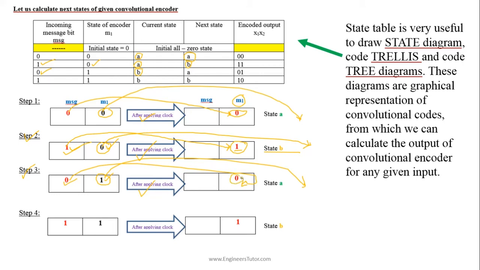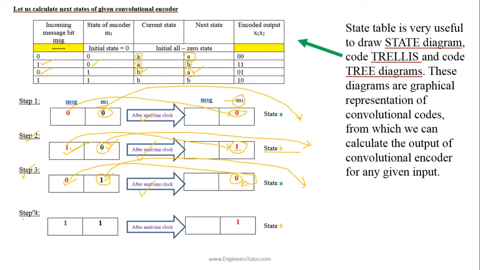So this is nothing but state A. M1 represents the state of the encoder. If the incoming bit is 0, the state changes from B to A. This is the initial state and this is the next state.